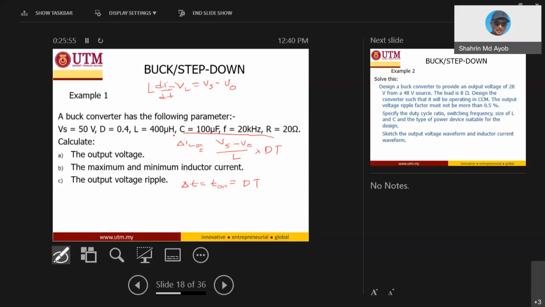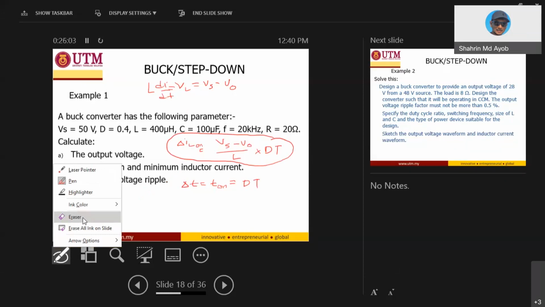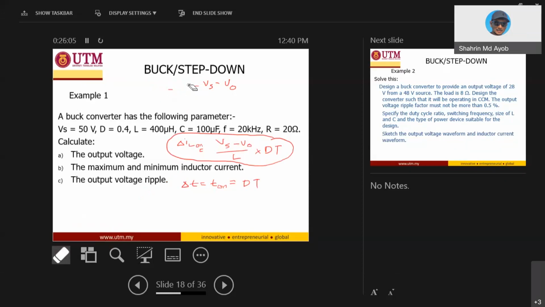And then you go back to IL max. IL max is IL average plus delta IL over 2.